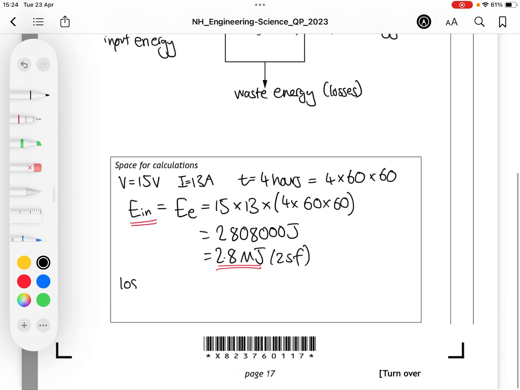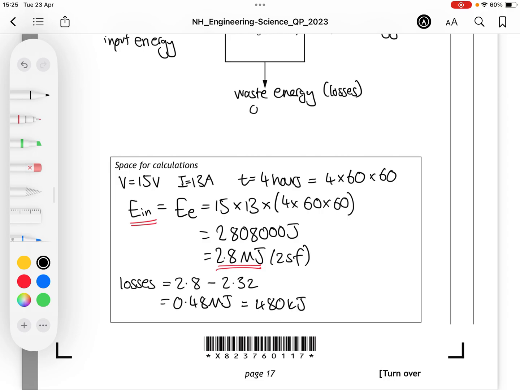So my losses are equal to the input energy minus the useful output energy. That gives me 0.48 megajoules, which is 480 kilojoules. So I'll pop that into my diagram as well. You can just pop that in as megajoules. I don't think it's going to matter.